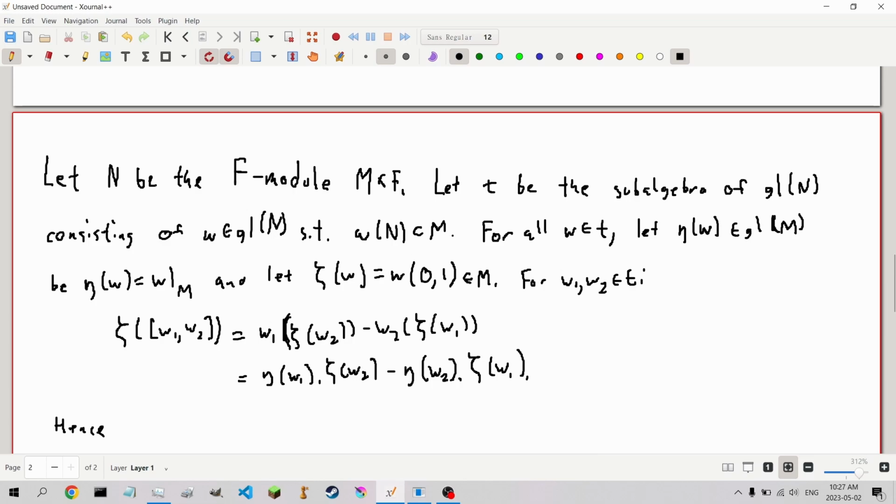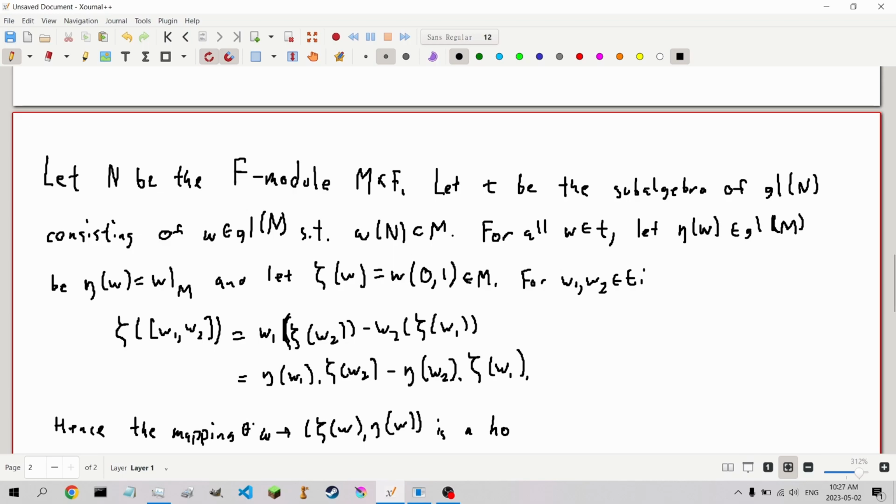Hence, the mapping, based on the conditions we had before, of W to what you would expect is a homomorphism.